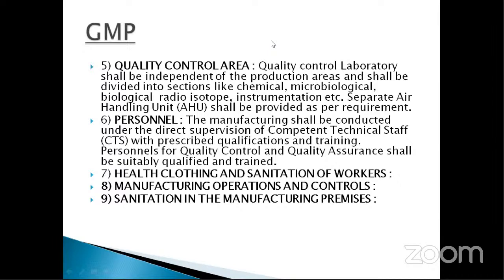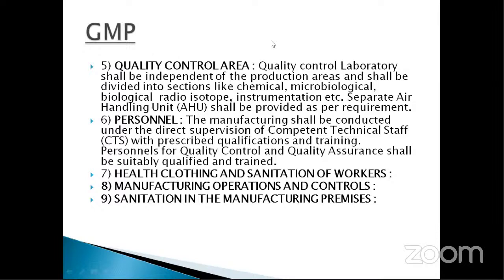So if a student has taken training in a manufacturing unit, say for 4 months during his course curriculum, then in place of 18 months, he only has to take 14 months minimum training to get the approval to become a competent technical staff for manufacturing.